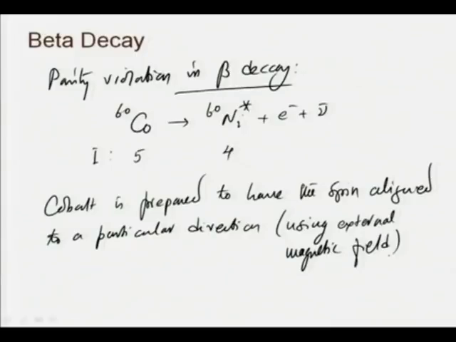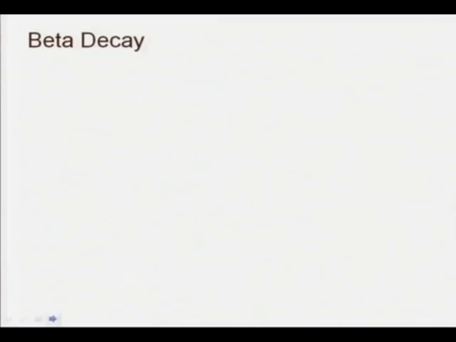But you can align the cobalt spins in the same direction by placing the sample in a magnetic field, which has some direction. The spins tend to align along the magnetic field. So, it is some kind of a polarized sample.